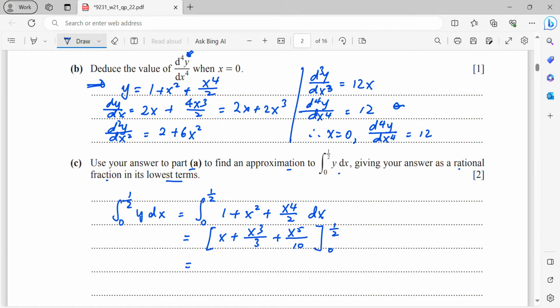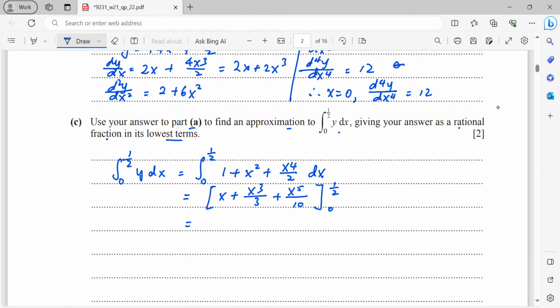Okay, so now we just need to replace the x value by half first. So I will get half plus half cubed over 3 plus half to the power 5 over 10. Then minus, where x equals 0, everything is 0.